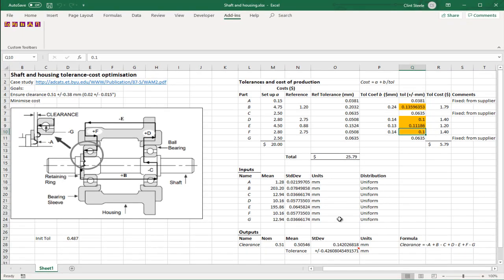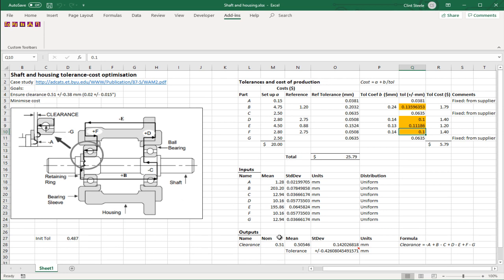So first of all, we can see that the tolerance has dropped. But what's interesting is that the tolerance didn't drop to what we were anticipating, or what the paper specified as being required.